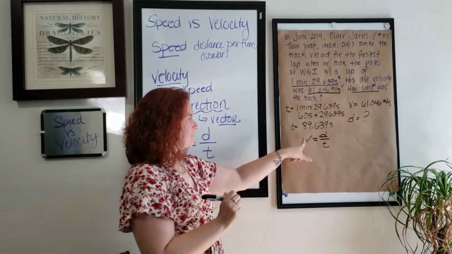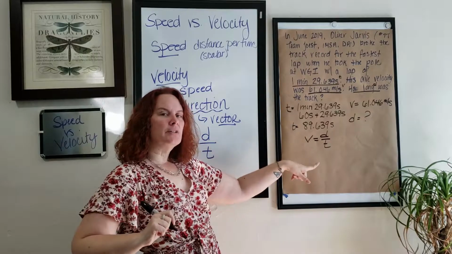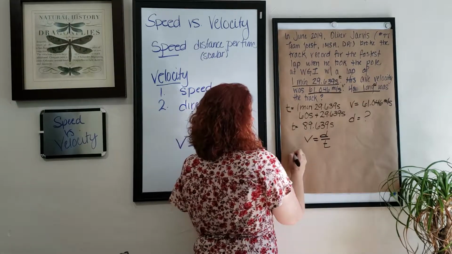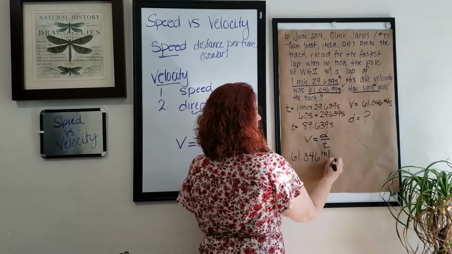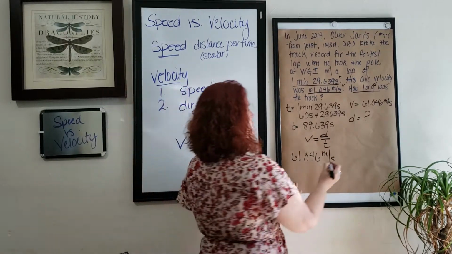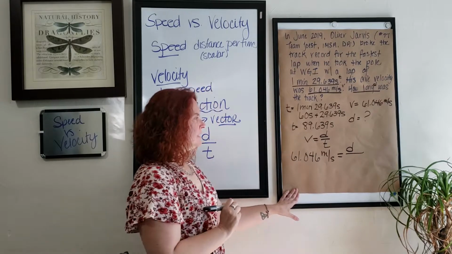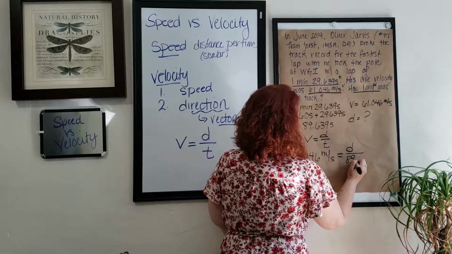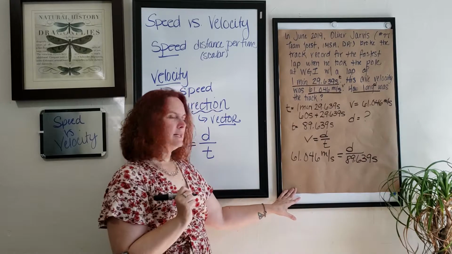Now this time, I'm just going to plug it in as it is because this to me is easier, but you can rearrange it if you want to. So we have our velocity as our 61.046 meters per second equals our unknown, so I'm just going to leave my D in, over our time of 89.639 seconds.